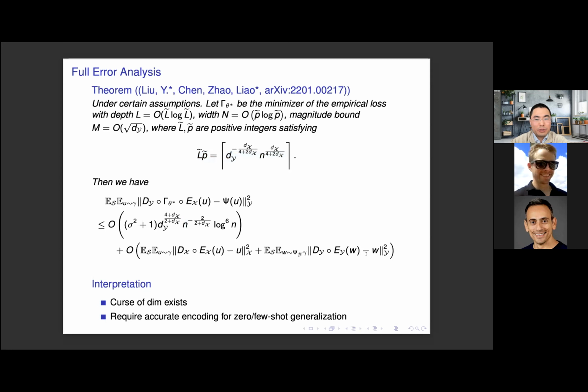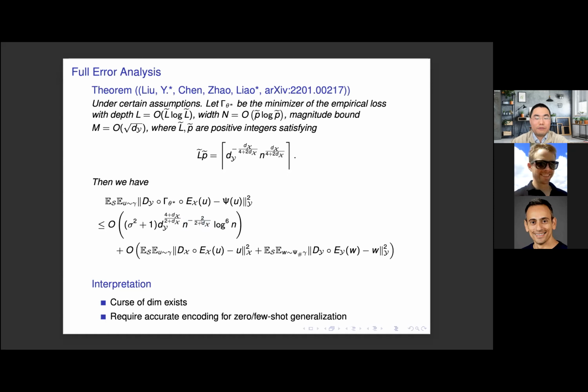The second term and the third term are related to the accuracy of the encoder and decoder. So if we want to get very good accuracy, then we need to have a good encoder and decoder to encode and decode the target functions. And we also want to have a very large number of training samples to reduce the first term. The number of training samples is very large because we have the curse of dimensionality due to the dx term, where dx is the size of the vector that we use to encode the input function u.